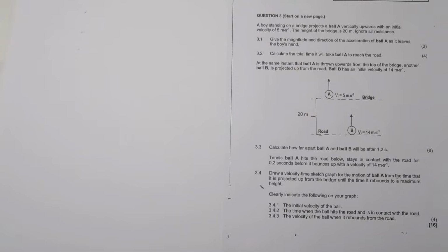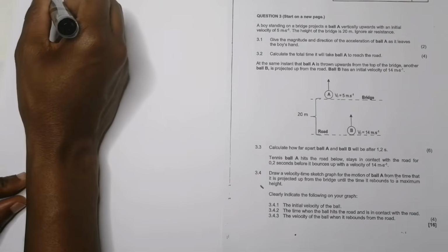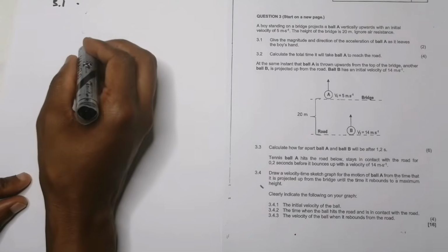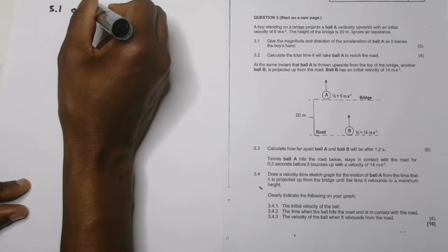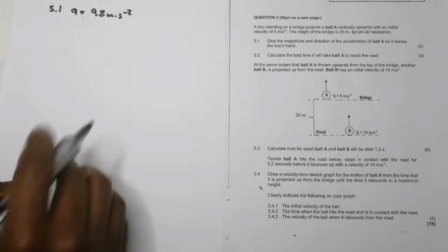Okay, they say give the magnitude and direction of the acceleration of ball A as it leaves the boy's hand. Remember, the moment that the boy lets go of it, it becomes a projectile. So in this case, the answer is the acceleration is 9.8 meters per second squared.